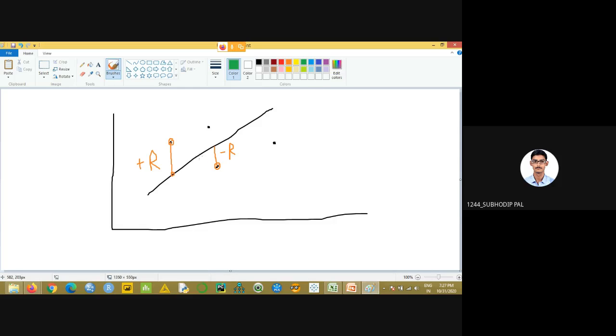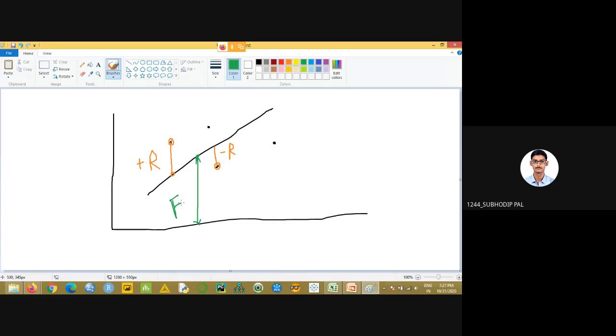The fitted value: if the point lies on the line, then I can say the point is fitted on the trend line. So how do we calculate the fitted value? The distance from the x-axis to that particular point. This distance is called the fitted value.